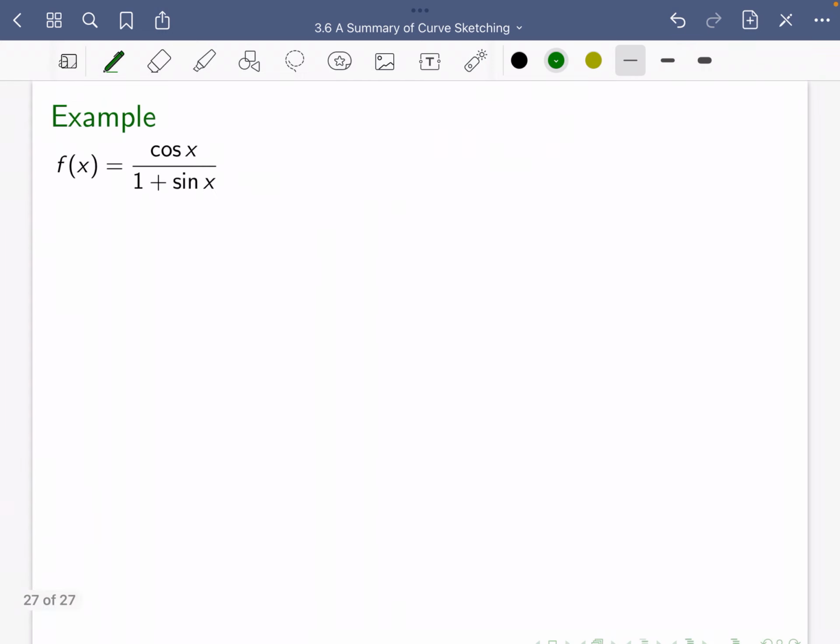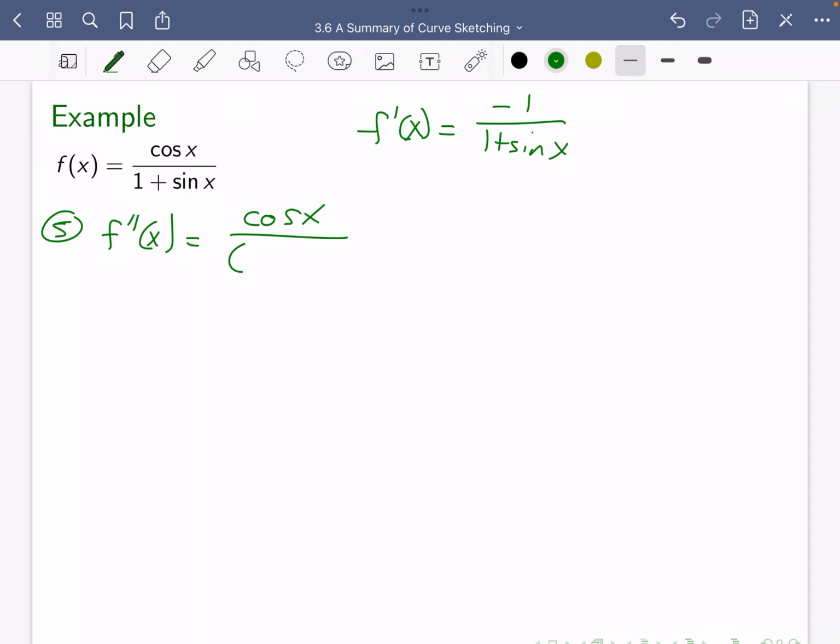Let's find our second derivative so we can find those intervals of concavity. When we find our second derivative, we have cosine x over 1 plus sine x squared.